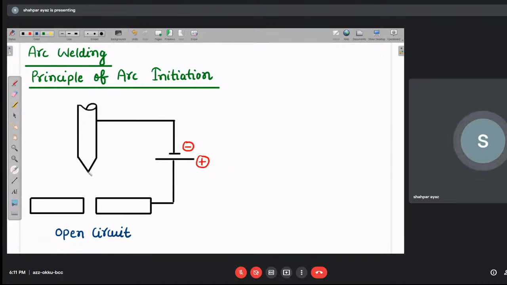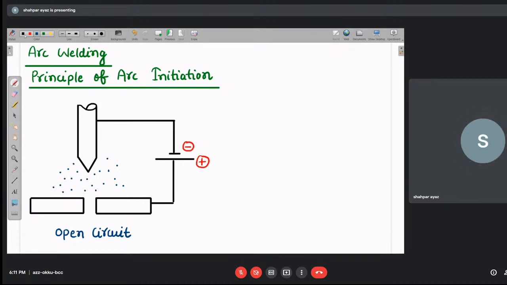Why? Because this medium is not ionized. There is no current flow between the electrode and the workpiece. The gases present between the electrode and the workpiece are unionized gases.